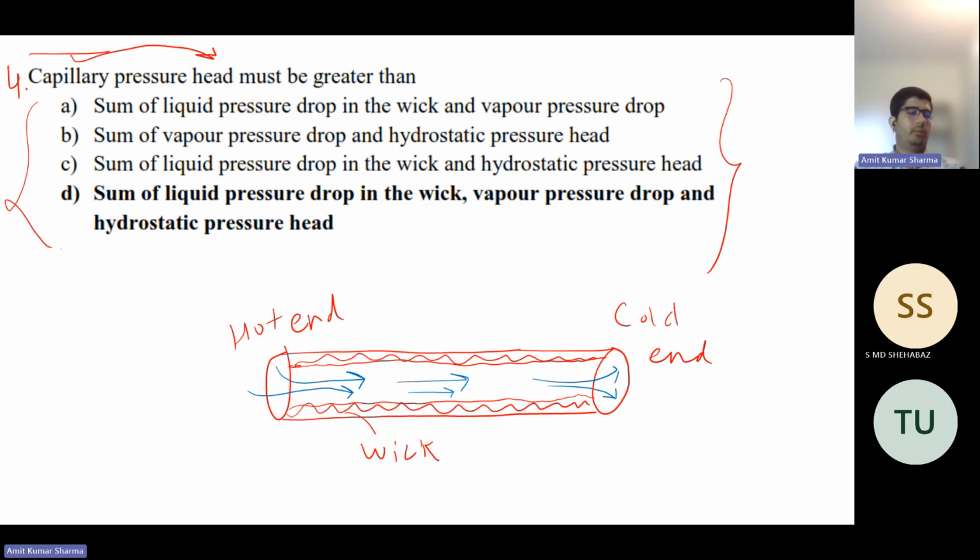Try to recall the idea of evaporator and condenser. The evaporator is working at the hot end and the condenser is working at the cold end. And what is the role of this wick? What is the wick doing actually?